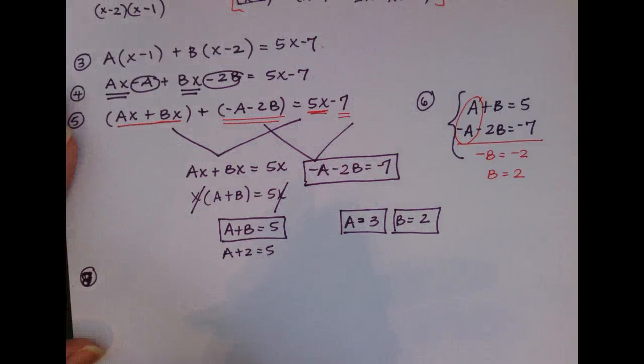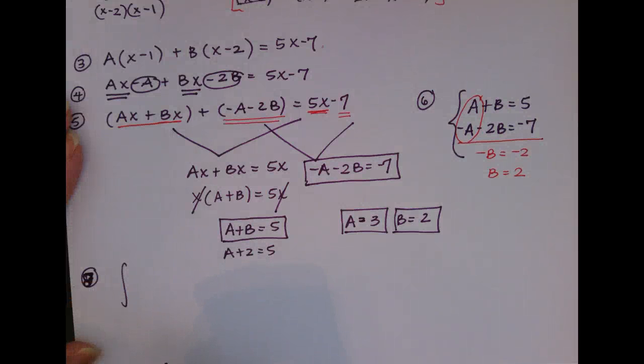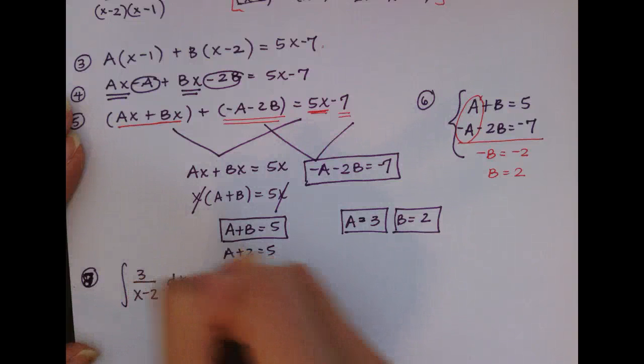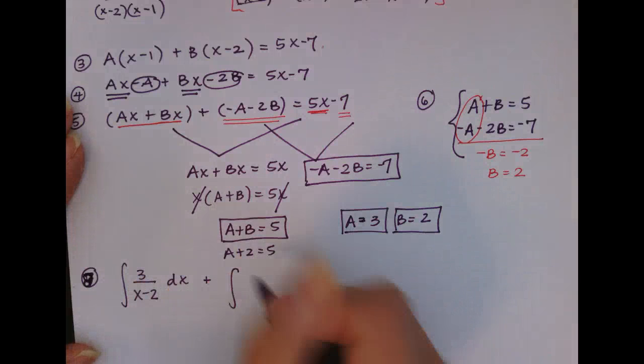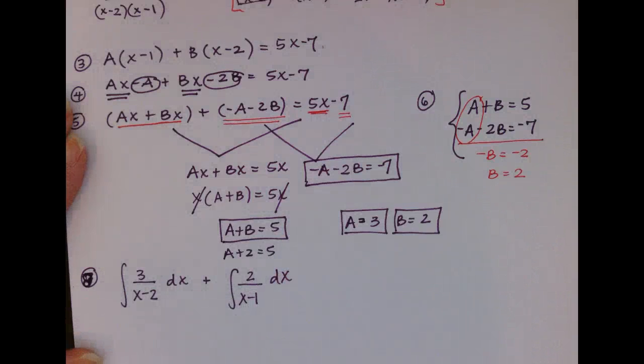But anyway, what I have is the antiderivative of 3 over x minus 2 dx plus the antiderivative of 2 over x minus 1 dx.